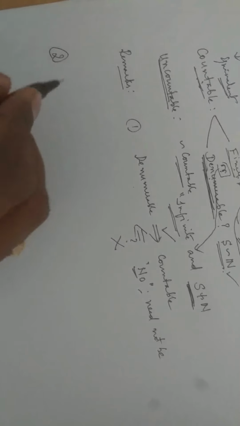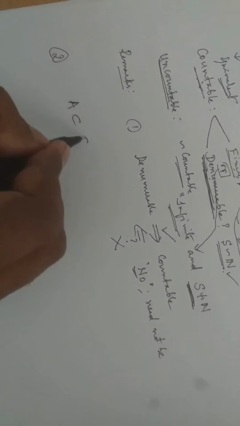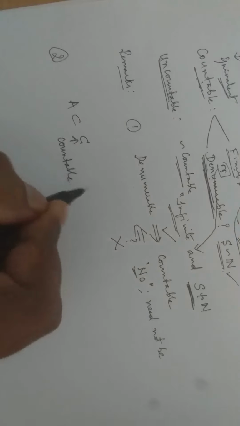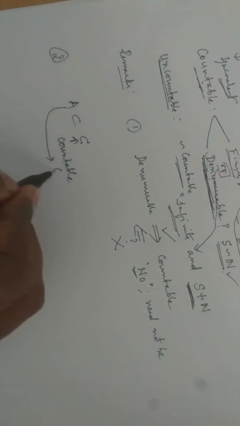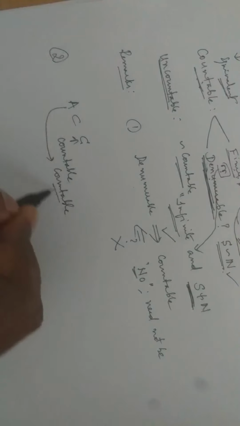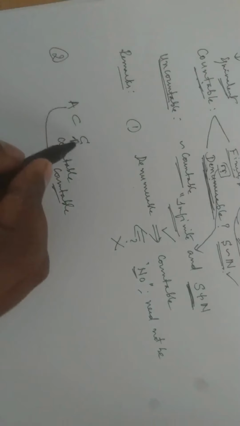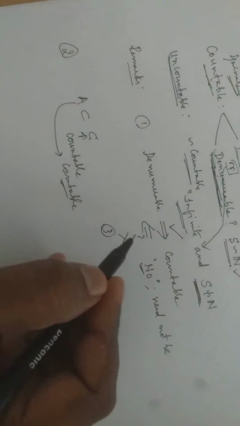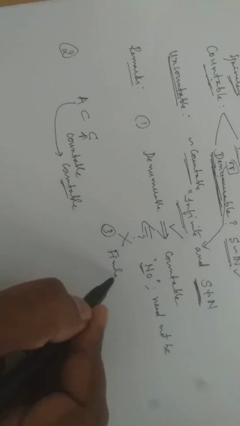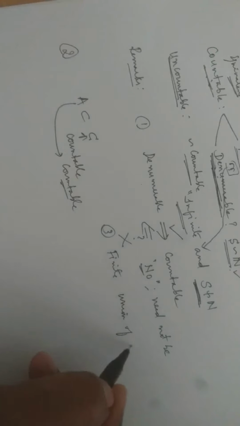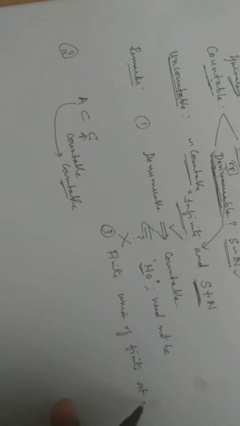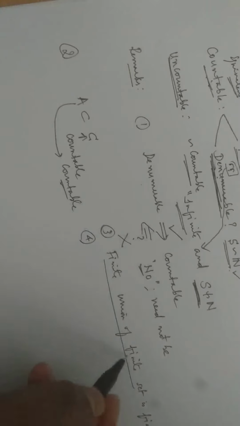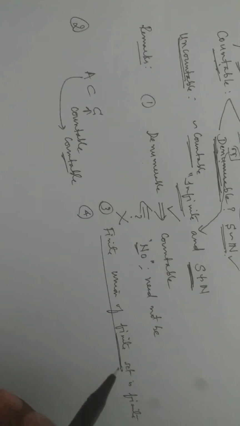Then we move on to the second remark, which says if C is countable, if the larger set is countable, then the subset is also countable. That is, every subset of a countable set is countable. Is it clear? Third remark is, finite union of finite sets is finite. If you take a finite union of finite sets, definitely it will be finite, undoubtedly.